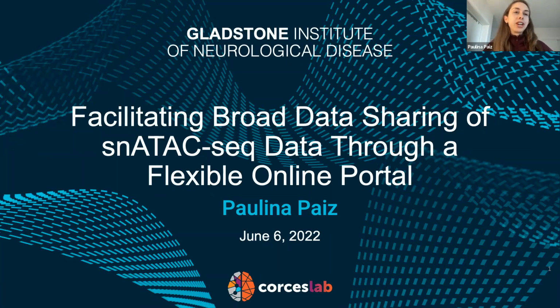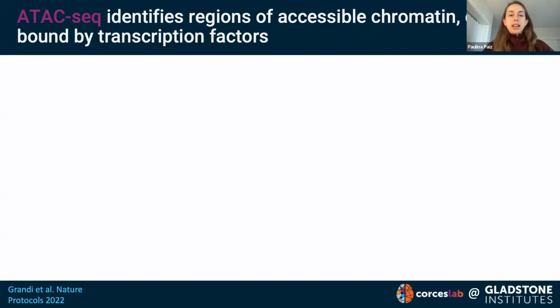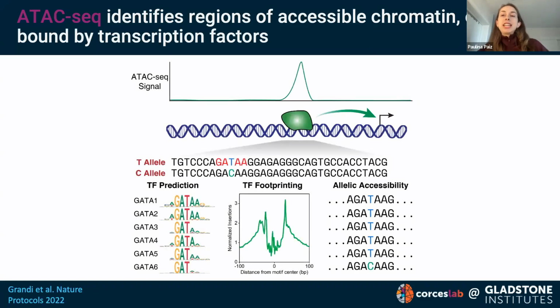Today, I will talk to you about how we are facilitating broad data sharing of single nucleus ATAC-seq data through a flexible online portal. So the Corces Lab is interested in the epigenetic factors influencing neurodegenerative diseases. And one of the tools we use to study this is called ATAC-seq.